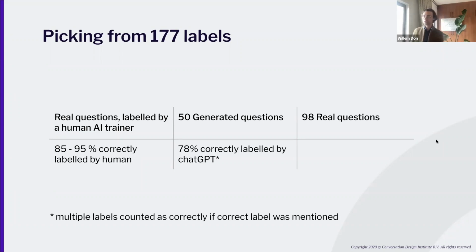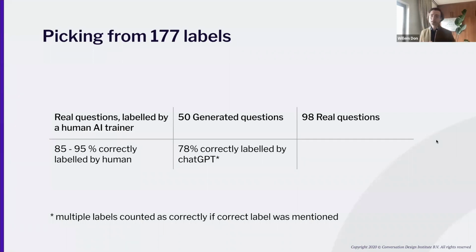So, generated questions, 50 generated questions. After about 7 iterations on the second prompt, we were able to get to a 78% correctly labeled question, in our opinion, that of me and my colleagues.